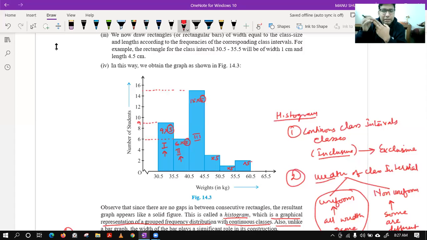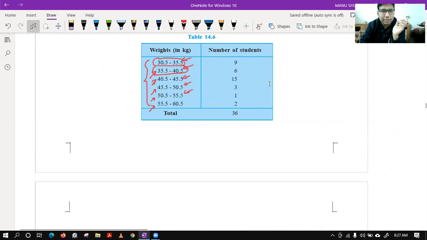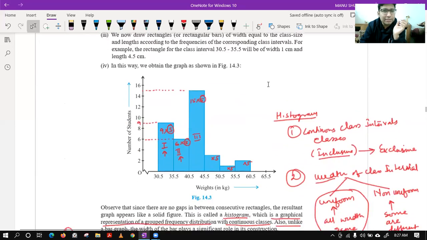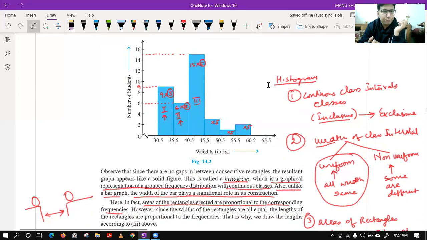The second condition is the width of class interval, which you have to observe. You can't just make a graph and go to the next question. You have to see what the width is. Is it uniform, that means the same throughout, or is it changing? In the given example, the width was the same. Now the question arises, why is width given this much importance?